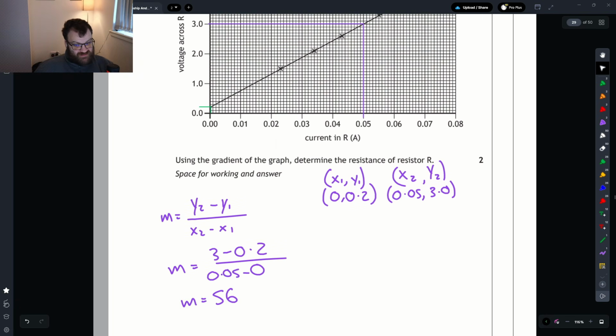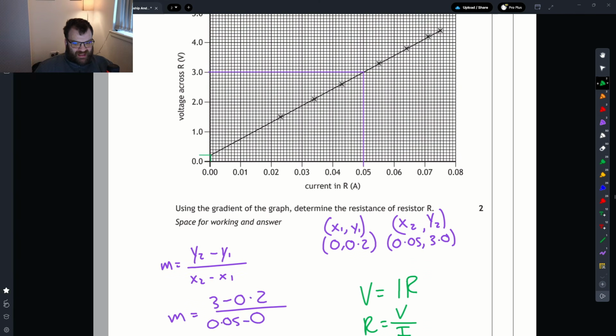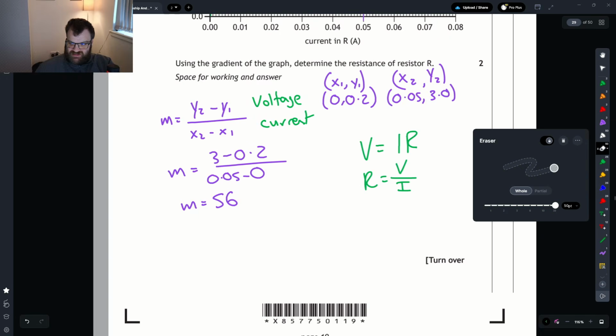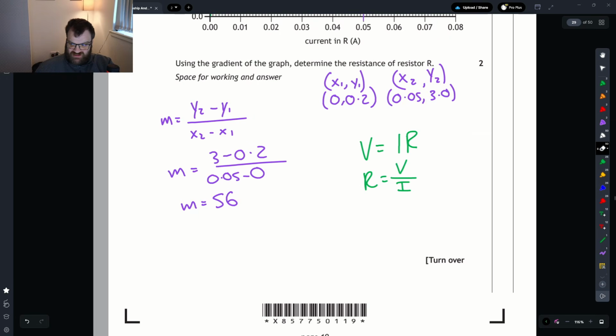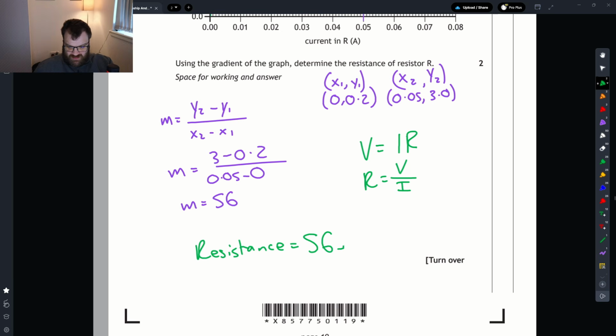If you think about the relationship between voltage, current, and resistance, V equals IR, and R equals V over the current. Well, that's what we were doing. The y is the voltage and the x is the current, so that's why the gradient gives the resistance. So the resistance is equal to 56, and that's ohms.